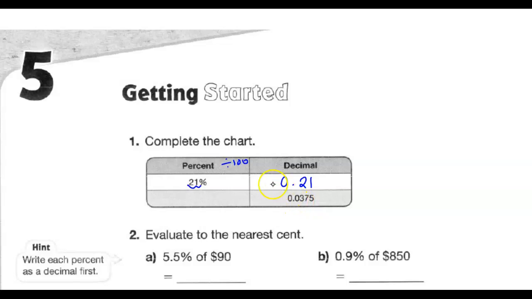Vice versa, to go from decimal to a percent, we're going to multiply it by 100, and so that's going to move the decimal 2 to the right. It's still a decimal, but now it's a percent. That percent symbol, when it's drawn properly like that, really you can see why it was invented. It's a 1 with 2 zeros, and percent means out of 100.